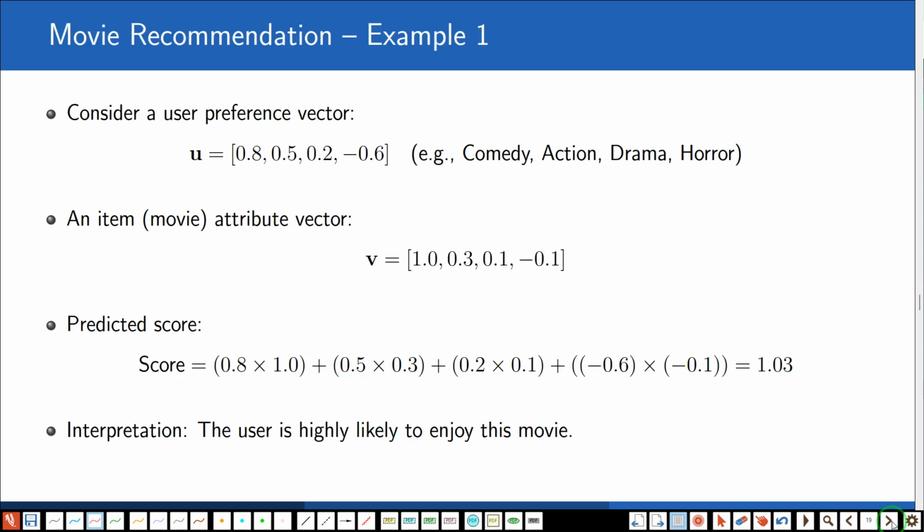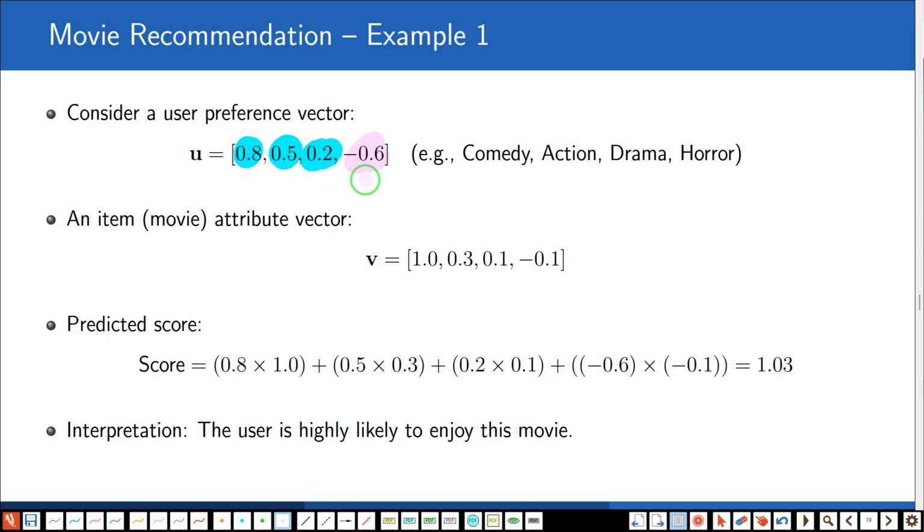For example, let's assume that we have just 4 genres in our database: comedy, action, drama, and horror. And this user is really interested in comedy movies and somewhat interested in action. These are positive, but they are not interested in horror movies. It's because of the negative weight, the negative value.